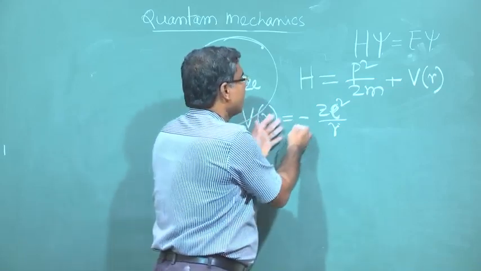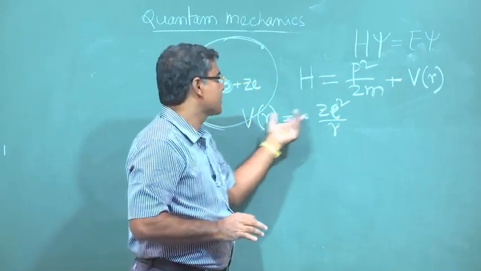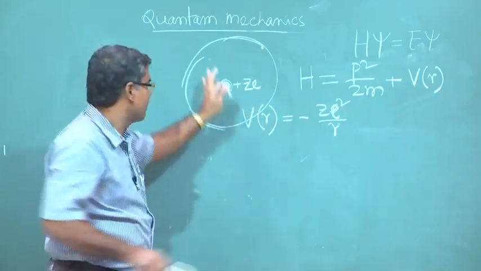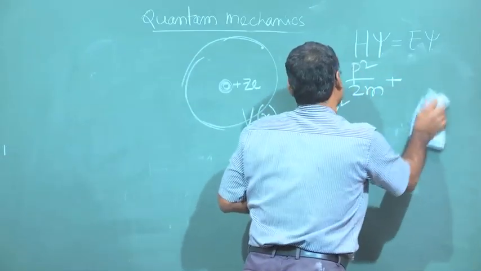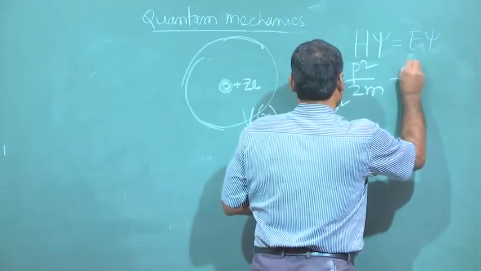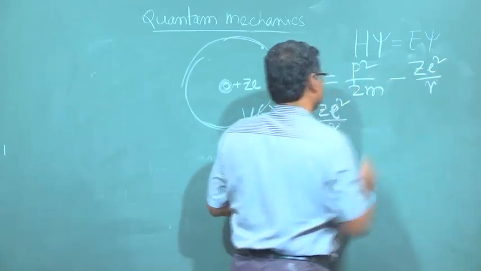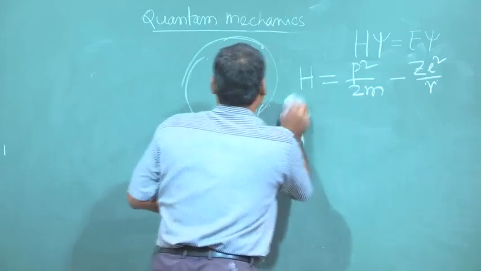So in our problem, this is the kinetic energy p squared by 2m, and the potential energy is this one. For the hydrogen-like problem, whatever we want to study, our potential is basically Ze squared by r.